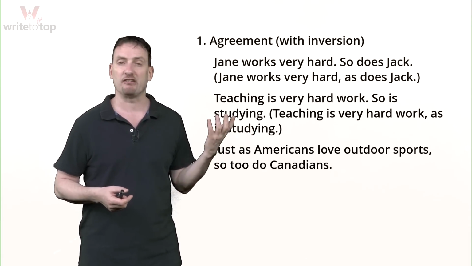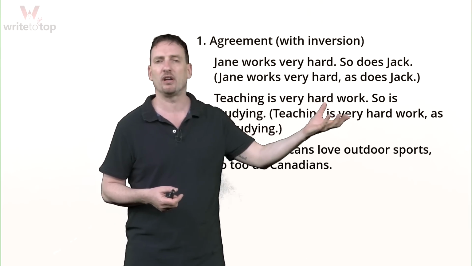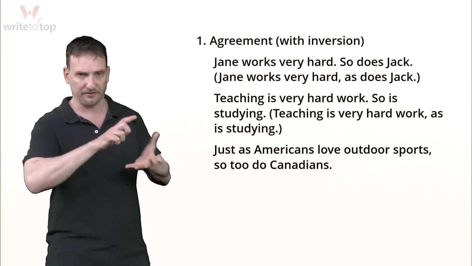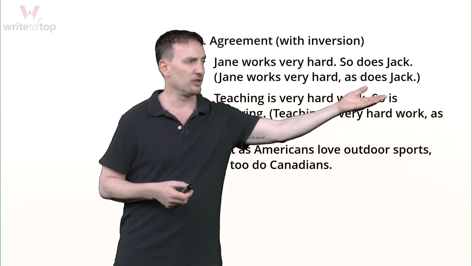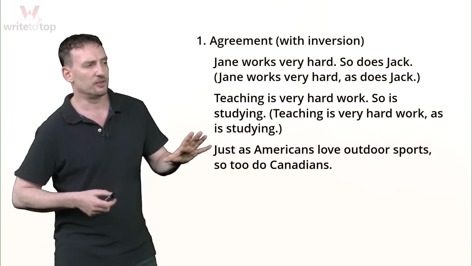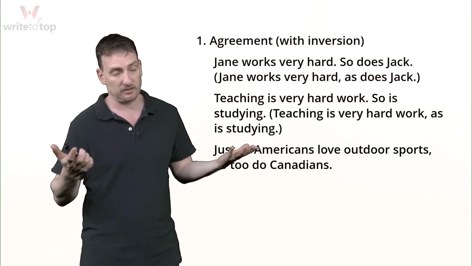"Studying" here is a gerund, it's a noun. Studying is the same as teaching, and they're both very hard work. And again, "as is studying." And you're inversing verb before subject. Verb "is," subject "studying."